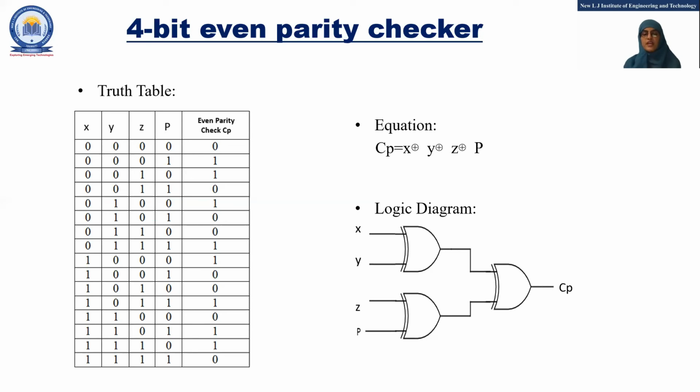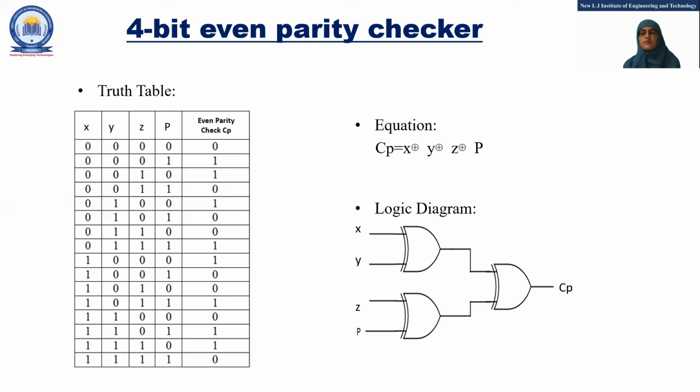Now we have to make the equation of this even parity checker. For that, we have one output CP. So for CP, we have to make the K-map. The K-map will have 16 cells because there are 4 inputs, X, Y, Z, and P. The simplification of the K-map will generate the equation CP equals X XOR Y XOR Z XOR P. So the logic diagram will be X and Y with the first XOR gate, Z and P with the second XOR gate.